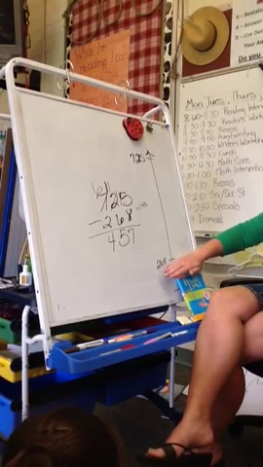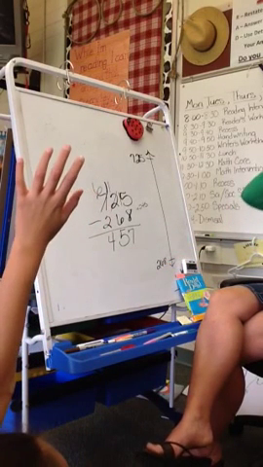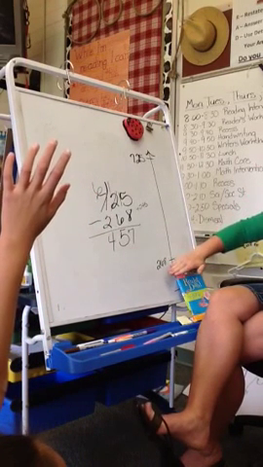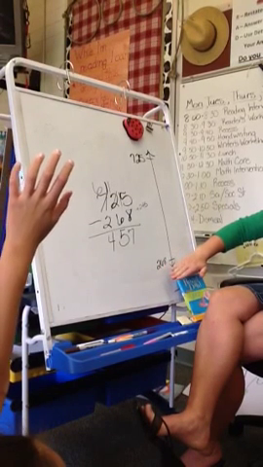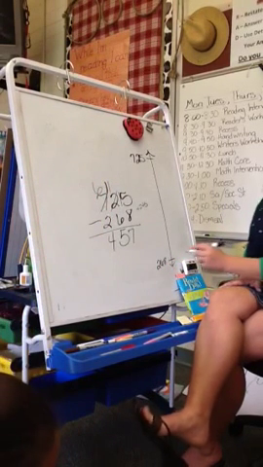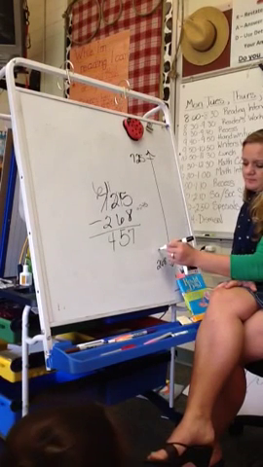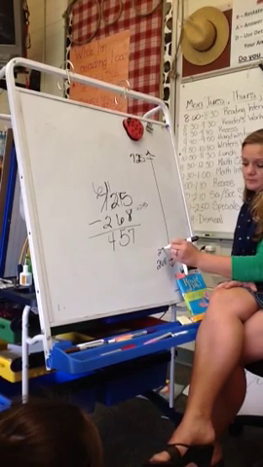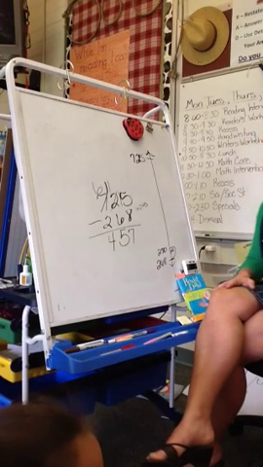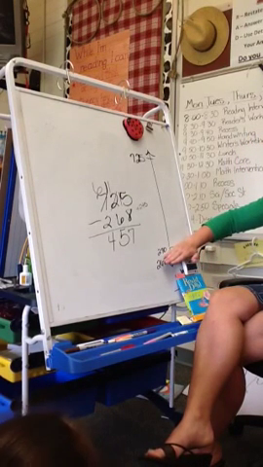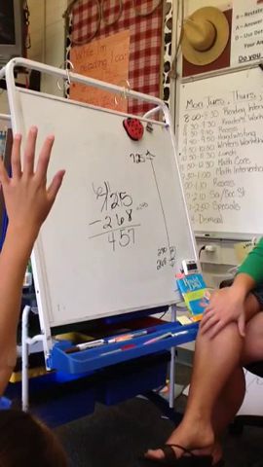What can I add on to 268 to get it to the next group of tens? I need more people participating. Jordan, what can I add on to it? You need 2. I'm going to add 2 more. So what am I at right now? 270. How do I get from 270 to the next group of hundreds?